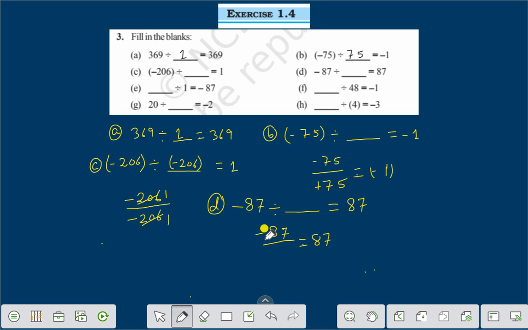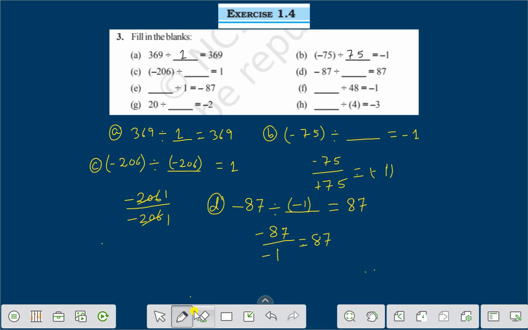Therefore we know that minus divided by minus is plus, that is if we divide this by minus 1, then minus will cut and gives plus, that is plus 87. Therefore minus 87 divided by minus 1 gives us 87, right?